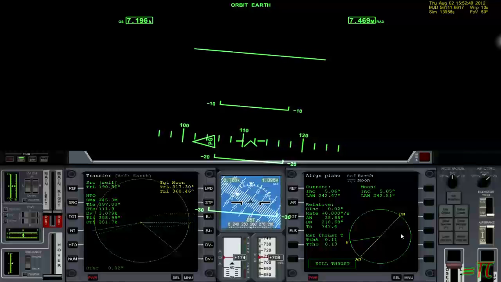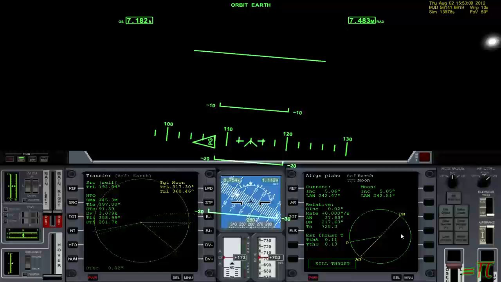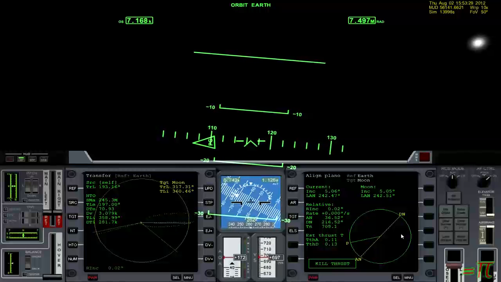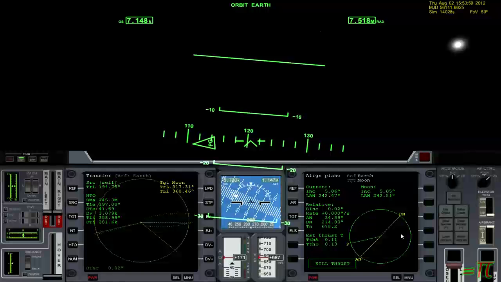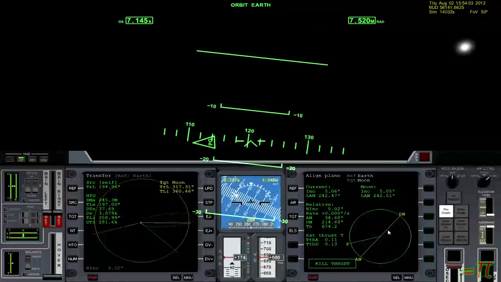All right, less than 2 minutes, less than 1 minute. Turn off time compression and face the ship prograde.